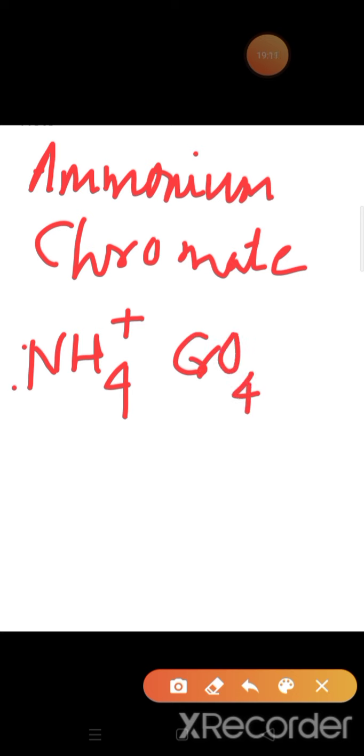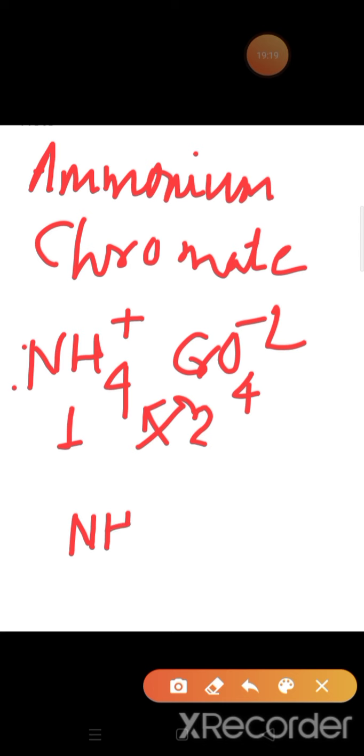Ammonium is NH4 positive and chromate is CrO4 double negative. Its valency is 1 and its valency is 2. The valencies are cross transferred and the formula is (NH4)2CrO4. The formula of ammonium chromate is (NH4)2CrO4.